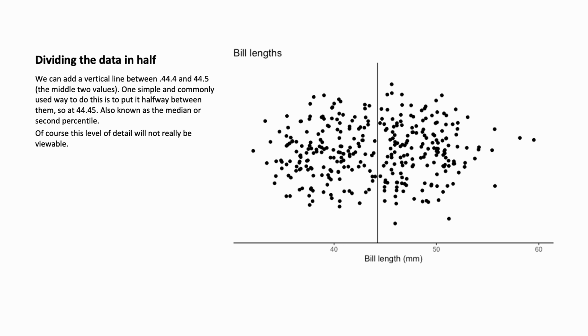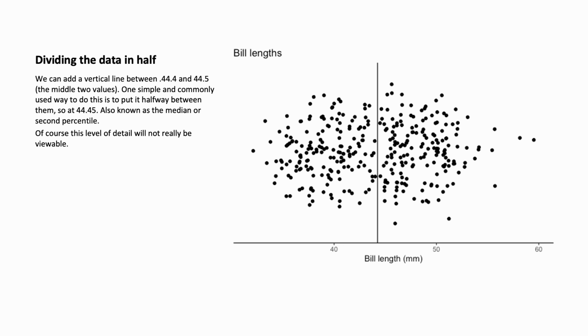One simple and commonly used way to do this is to split the difference between the two of them, add them together, and then divide by 2. In this case, it would be 44.45. However you do this calculation, it's known as the median, or it has another name that we'll see later, the second percentile.